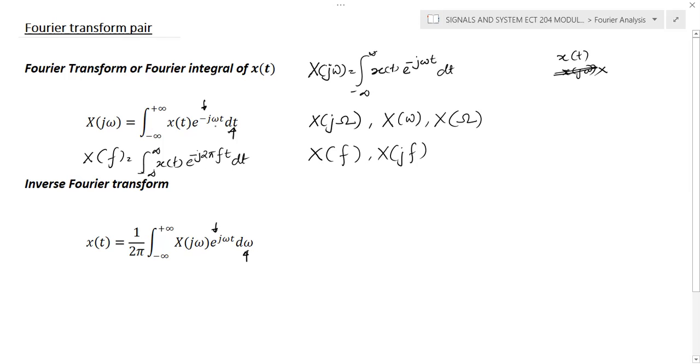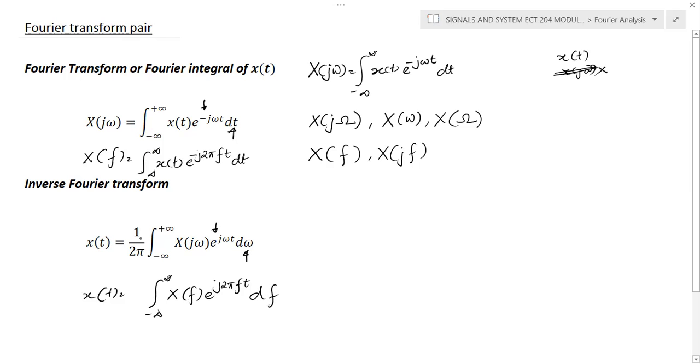So make sure that for the forward transform we are using minus, and for the inverse we are not using e raised to minus. Okay, and if you represent the signal in normal frequency, not angular, then the formula has a slight difference. You can write X of f into e raised to j 2 pi f t, and in place of d omega you will write df.